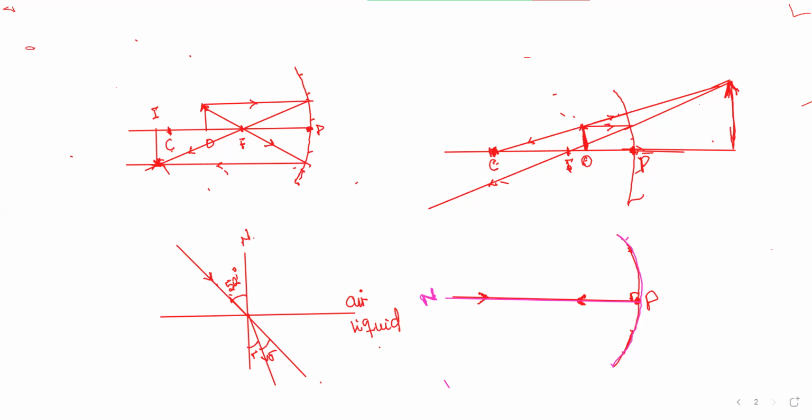A, regular reflection. B, diffuse reflection. C, polarization of light. And D, resonance. We cannot see ourselves, our images on the floor or ground because the light scatters or diffuses.